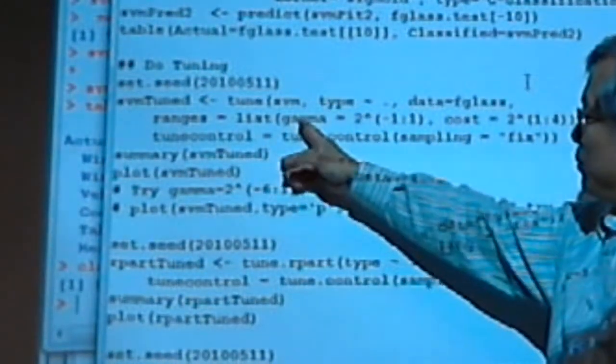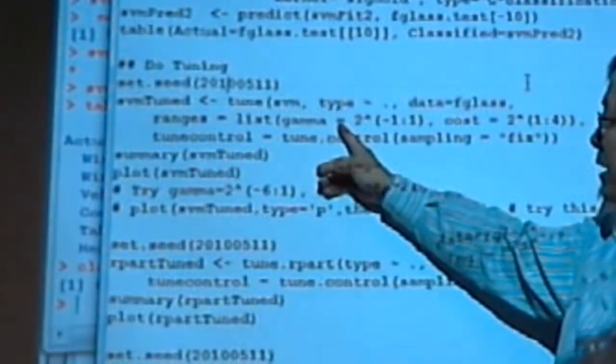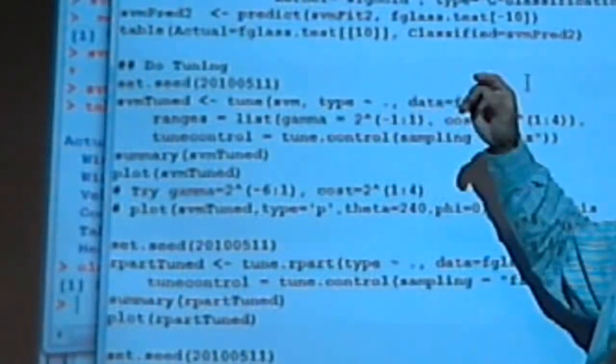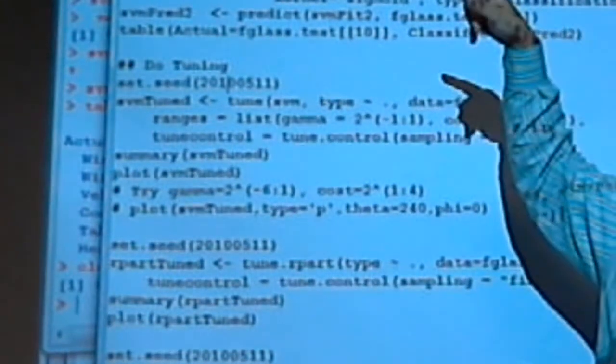Now here, if you do a tuning of this result, you're going to run this model with a different parameter range. Here the commands I use set the tuning parameters. Gamma was set from 2 to the power of -1 to 2 to the power of +1, so we do 1/2, 1, and 2, right?